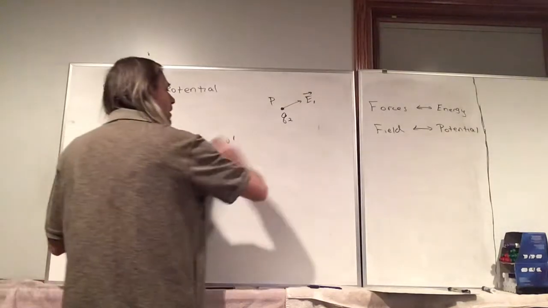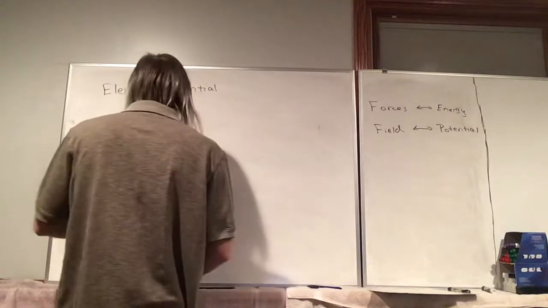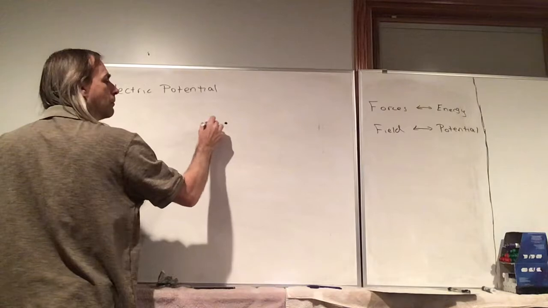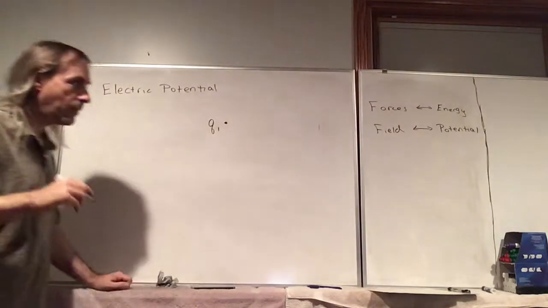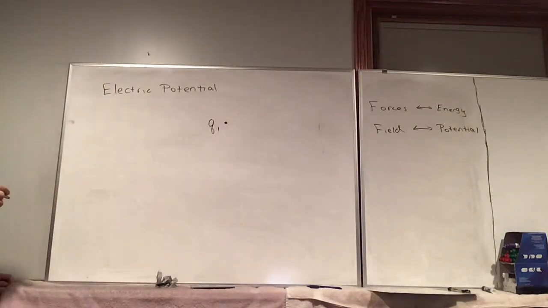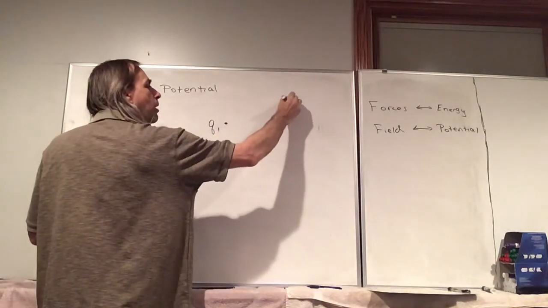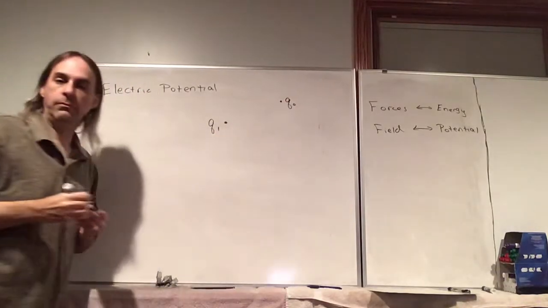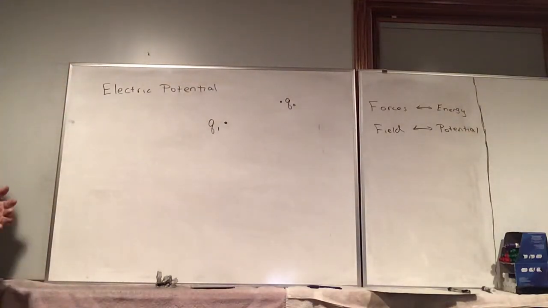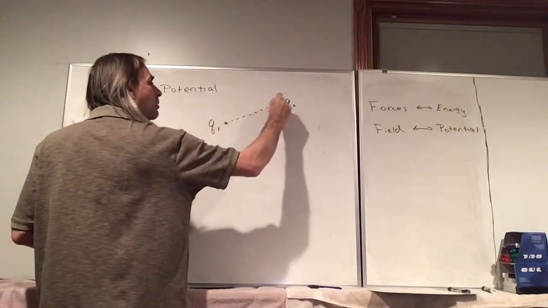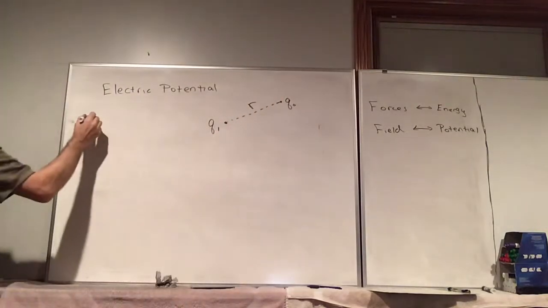And we're going to do this by saying we have a charge here, Q1. And if we place another, which we call a test charge, Q0, we know that there's a potential energy between them. Let's say they're separated by a distance r.